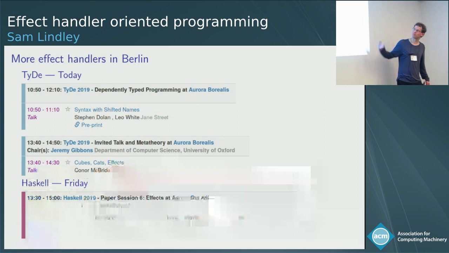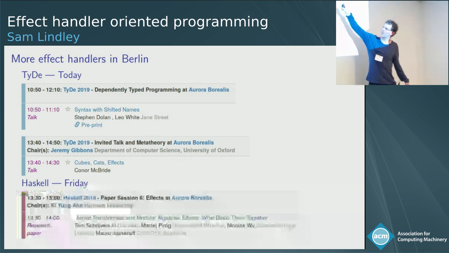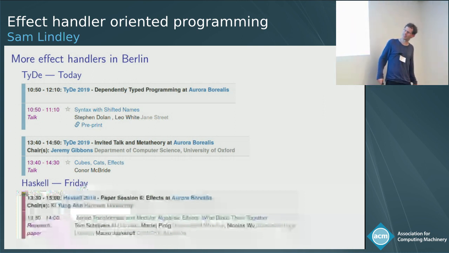There are also, at other workshops, some related things. Although I guess HOPE is concurrent with this workshop, so you're probably not going to be able to go to that one. But for these two talks, I think the connection is to do with the effect type systems and interesting questions about binding that come up there.